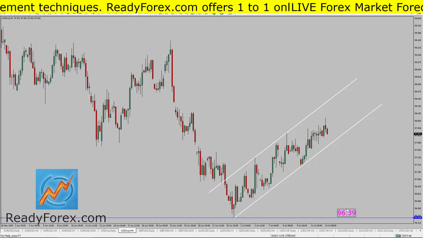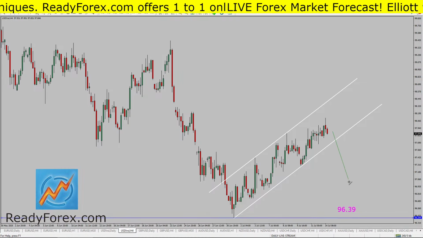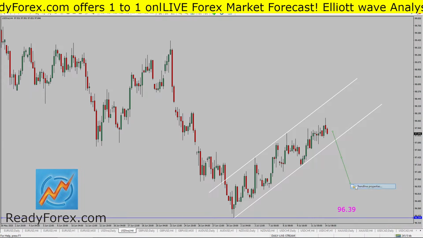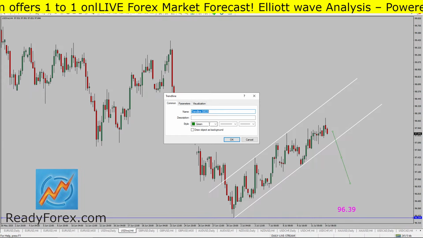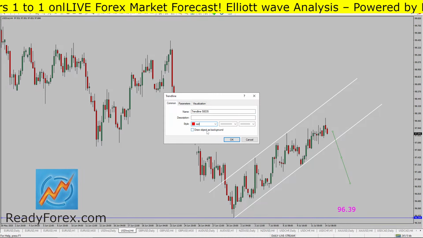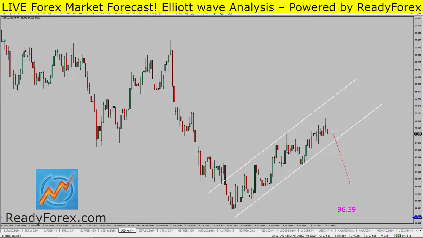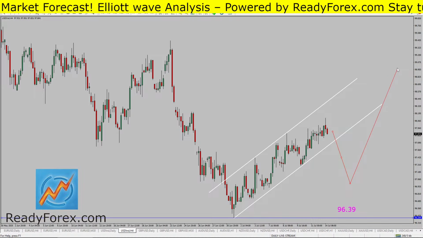So if the market is going to drop, the decline should be a shallow pullback, and it should not hit the 96.39 level. Otherwise, if it hits it, then obviously price action is going to drop even further.